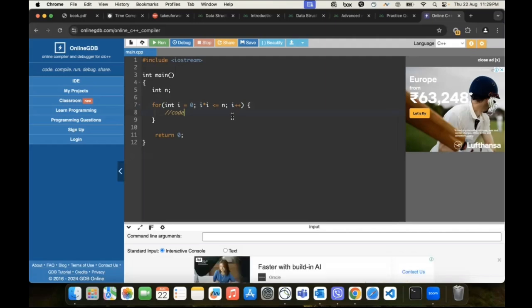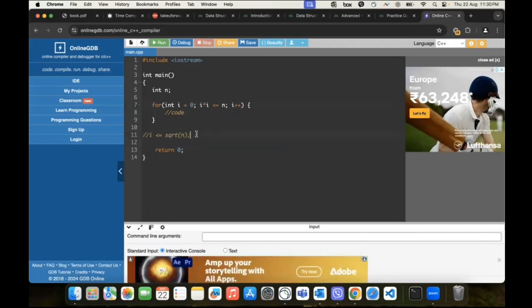For example, if I take n as 10, i will go from 0 to root 10, so i will iterate till root n. 2 into 2 is 4, 3 into 3 is 9, and for 10 it is between 3 and 4, so it will be 3. So i into i is less than or equal to n is similar to i is less than square root n. You just did a square in words.